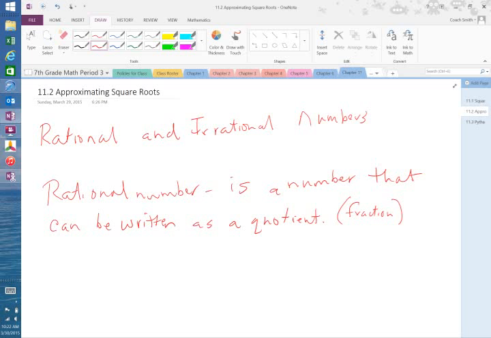It's the answer to a division problem. But a quotient, basically, they're just saying, can I write that expression as a fraction, whatever our answer ends up being? I'll give you an example of that.